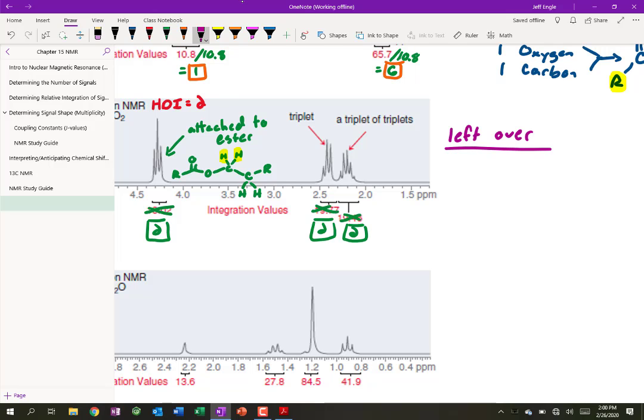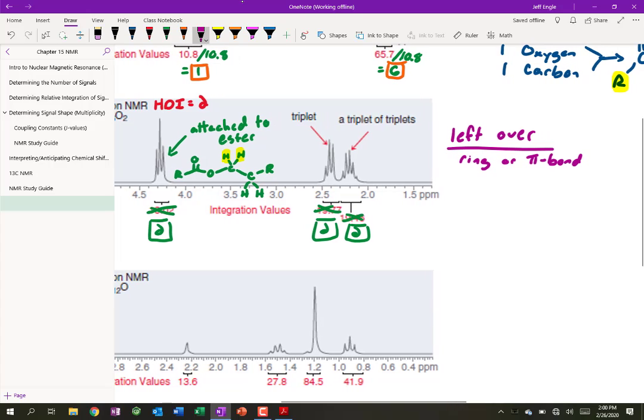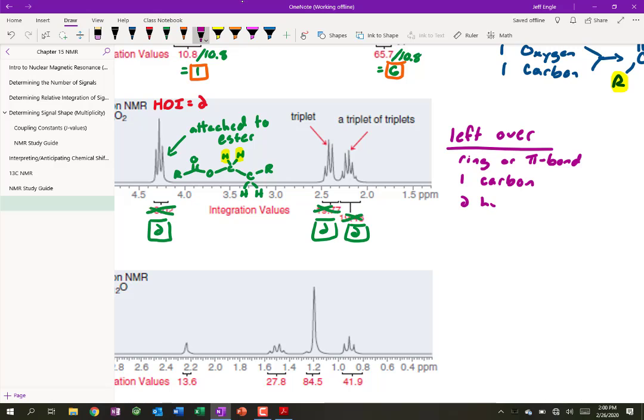Left over is a ring or pi bond based on our HDI, right? We're also missing 1 carbon, right? And then what else are we missing? 2 hydrogens.